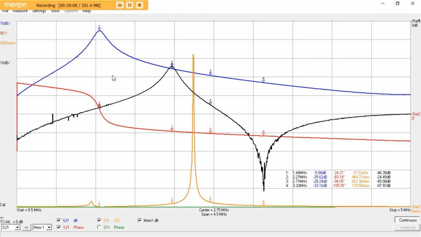We are adding wire length to the top of that coil, and also, of course, the input impedance of the vector network analyzer itself.